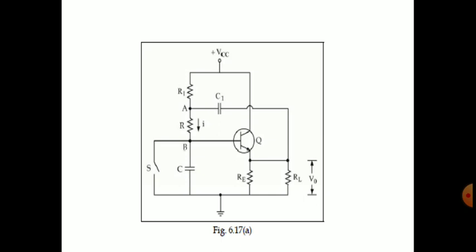Supply voltage VCC, and resistors R1 and R2, and there is a connection of capacitor C1 between R1 and R2 to the load resistor, and the transistor is obviously an NPN transistor. The ground connection. Make sure you have drawn all the components, labelled them correctly, and check the connections once more.